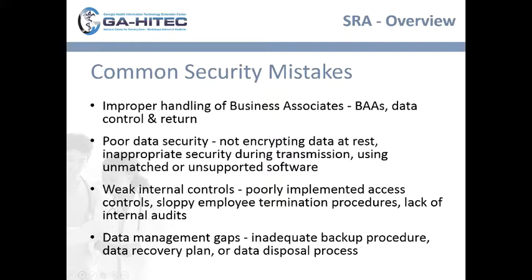So that includes your IT vendor, an analytics company, your cleaning company if you have PHI out, your lawyer. It might include whoever helps you with collections. All of those kind of folks are business associates, and you have to have a business associate agreement in place with each one of them.